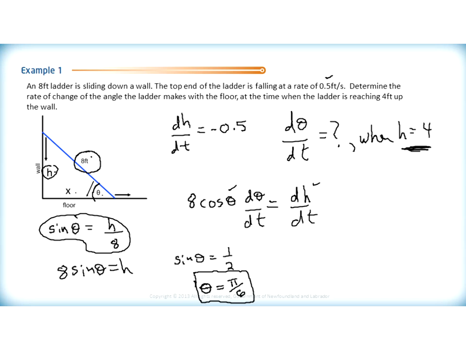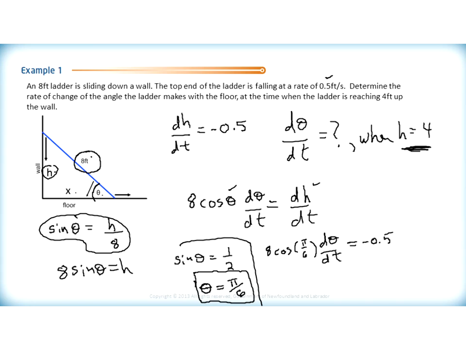Alrighty, so now we can put everything together. So our equation for our related rate here is going to become 8 times the cosine of pi over 6 times d theta over dt, the one that we want, is equal to dh over dt, which is negative 0.5. So how fast is our angle changing?